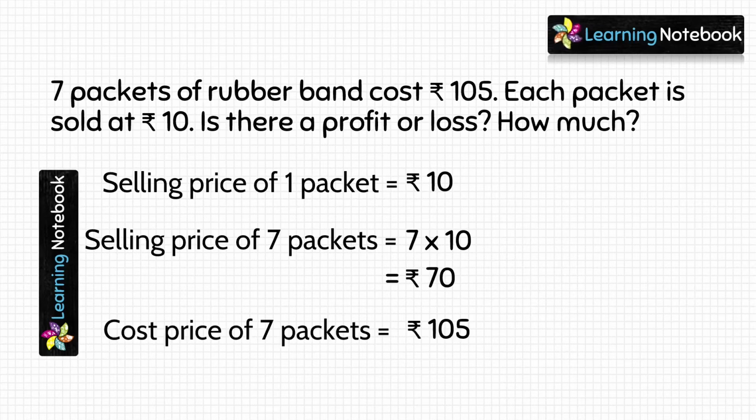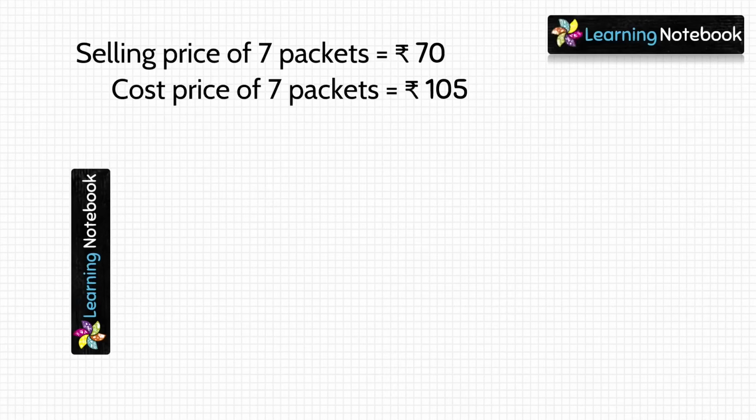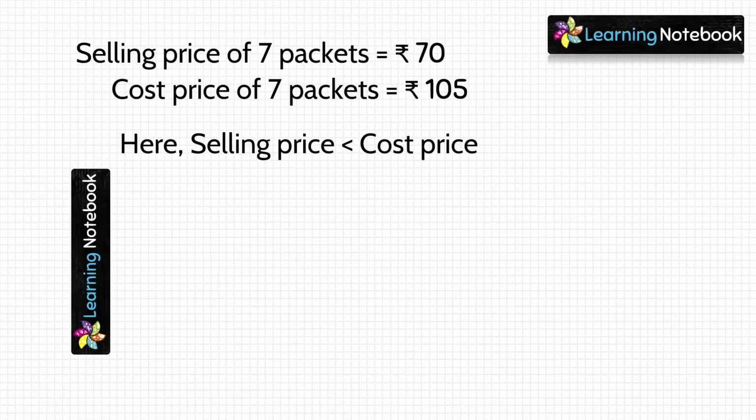And we are given cost price of 7 packets as rupees 105. Now students, since here selling price, which is rupees 70, is less than the cost price, which is rupees 105, so clearly there is a loss.